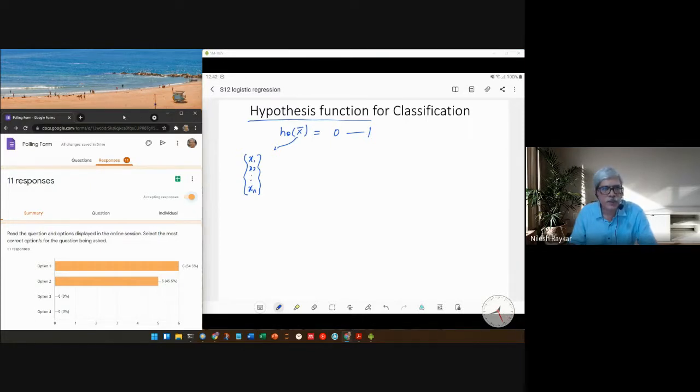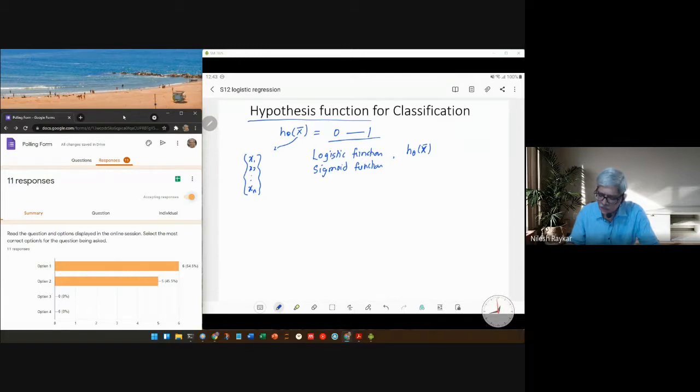A specific function we use for classification is called the logistic function. Part of the name of this algorithm comes from this function. It is also called the sigmoid function. Both are synonymous.